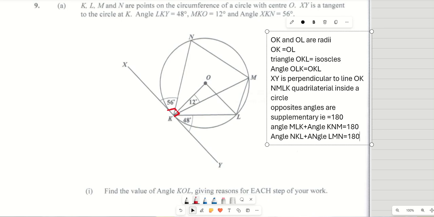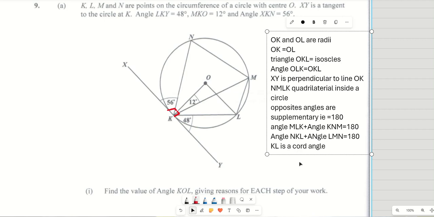Also, there's one other rule that we're seeing here. I'm just going through all the rules of what we could deduce from this, and then we could go through the questions, which would be super easy. We see that KL is a chord, and we see there's an angle at the center of your circle. What is the angle at the center?